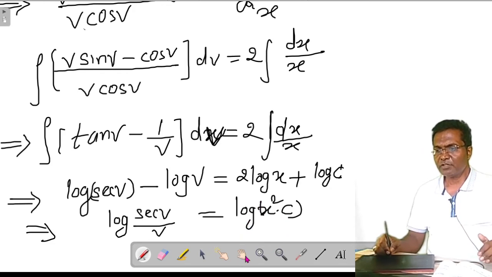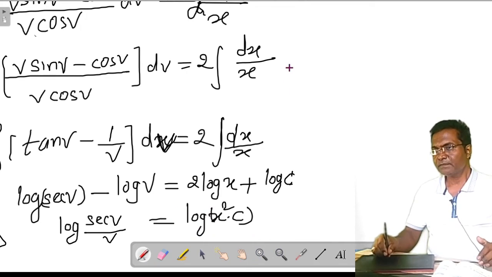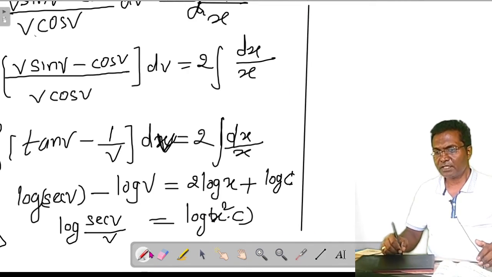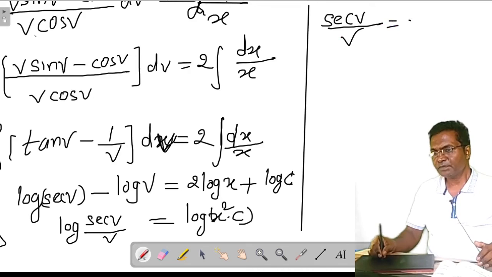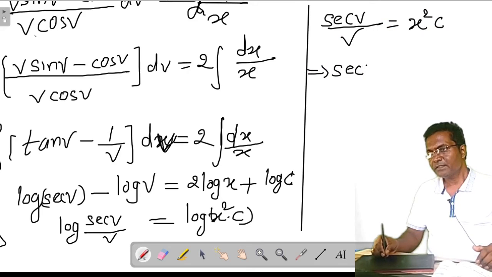Okay, now both sides you remove the log. If you remove the log, your general solution will be sec v by v equals x square c, or you can write sec v equals x square vc.